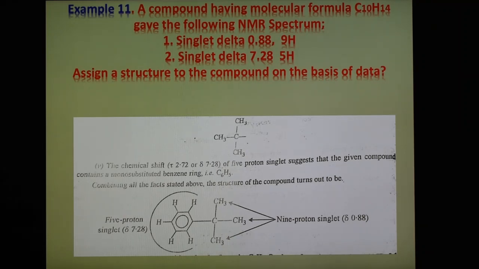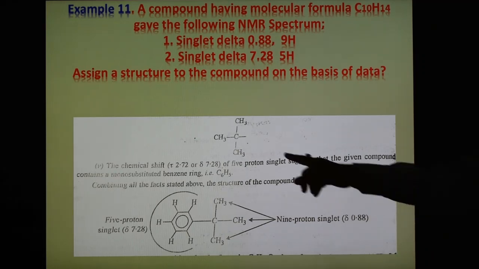There is no coupling between the two types of protons because both give singlets only. From the chemical shift, a 9 proton singlet suggests that the compound contains 3 methyl groups attached to a saturated carbon. That is, the given compound contains a tertiary butyl group.